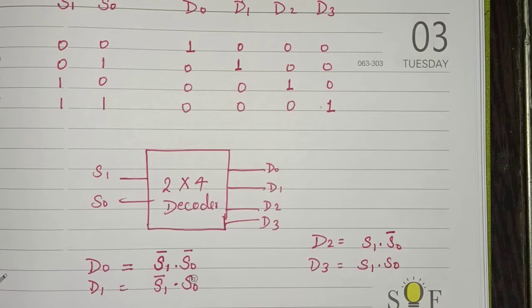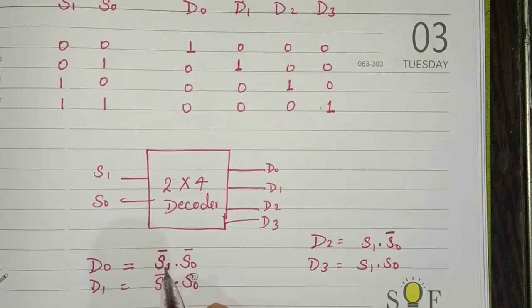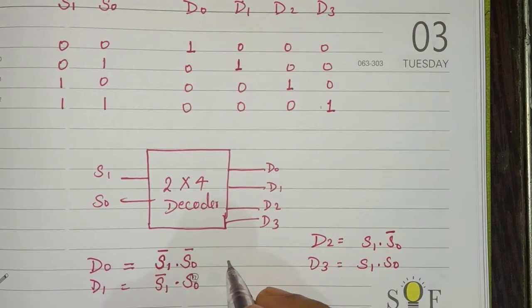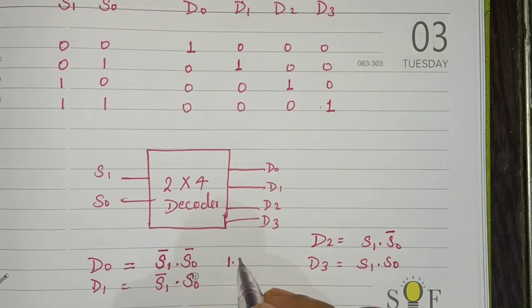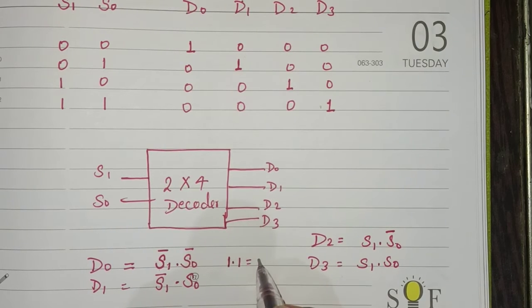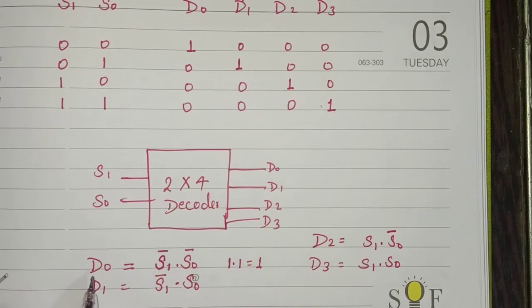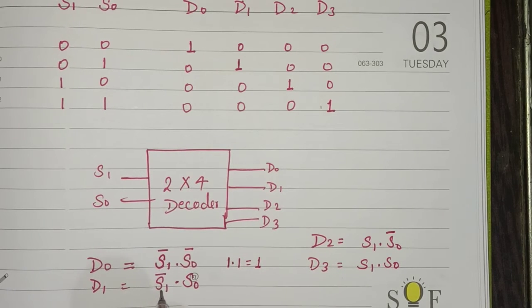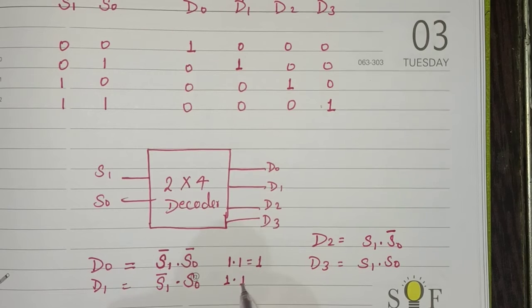How do we use this type of expression? Let's see. For S1 bar dot S0 bar, the input values are 0 0, but with complement the values are 1 dot 1. When 1 dot 1, it's 1. So D0 has a high value. Same here: S1 bar means 1, and S0 without bar means its value is 1.